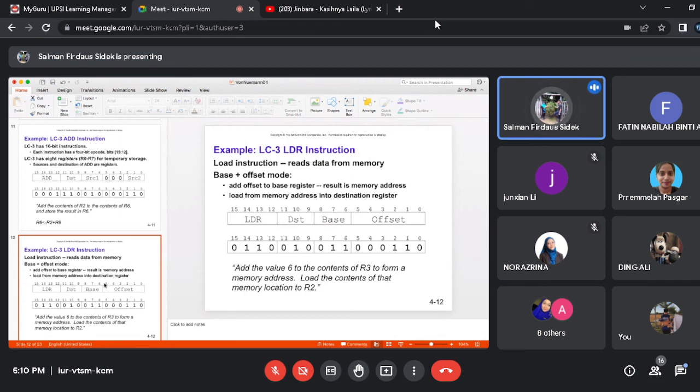LD, LDI, LDR, LEA. You can see the ISA table just now. There are 4 instructions starting with L, and L means load. So there are 4 techniques to load or to send data from memory to the CPU, or precisely from memory to temporary.